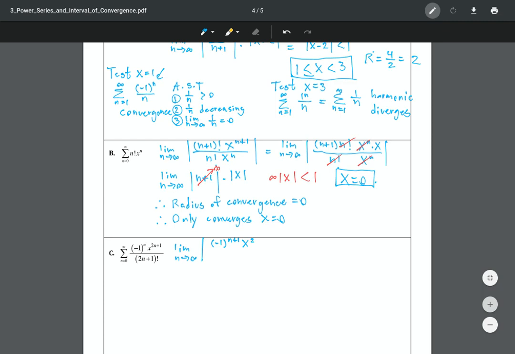This is going to be weird, so don't write this yet. This is going to be n plus 1 here, plus 1. So this is going to give me 2n plus 3, if I distribute this and add that 1. Just to save us a little bit of time, I'm going to write this as 2n plus 3.